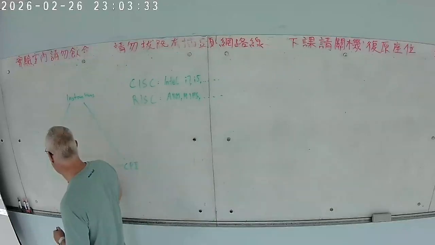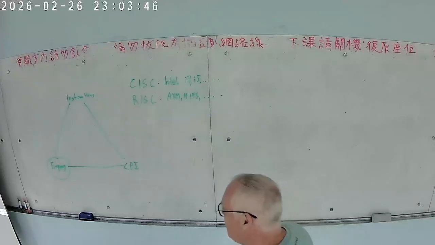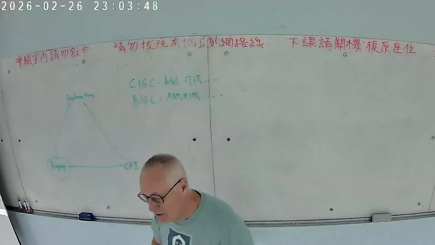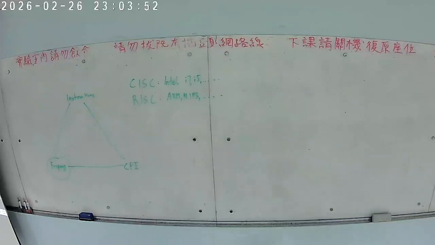So people would say 8 megahertz, 16 megahertz CPU, for example. And then you had all of a sudden RISC machines that had 32 megahertz, 64 megahertz, 1 gigahertz. So their frequency was very, very high.